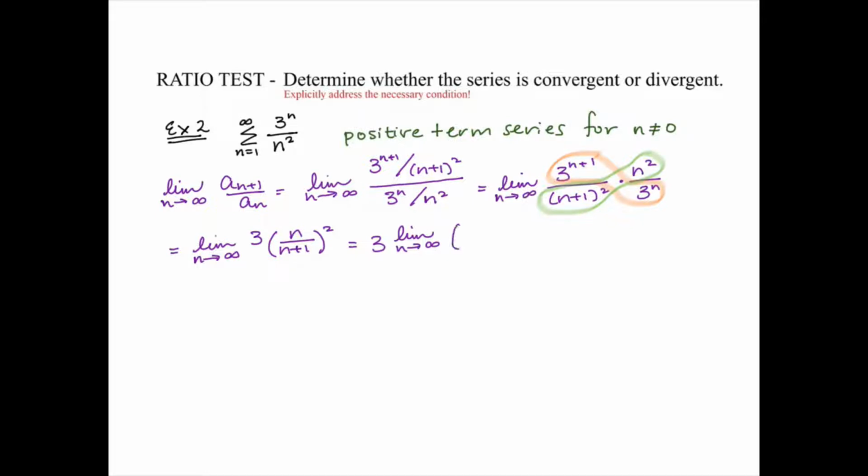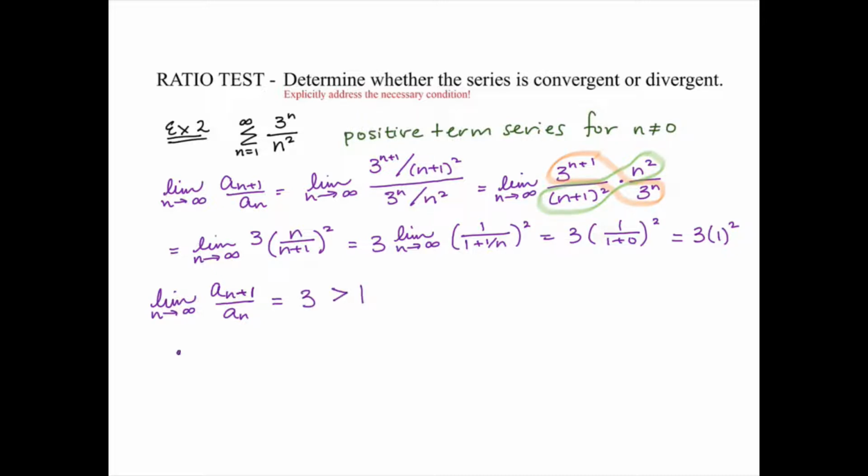To evaluate that limit, I'm going to divide by the highest power of n in the denominator. And I'm going to get 3 times 1 over 1 plus 0 squared, or just 3 times 1 squared, and I get that the limit of the ratio of the n plus first term over the nth term as n approaches infinity equals 3, which is greater than 1.